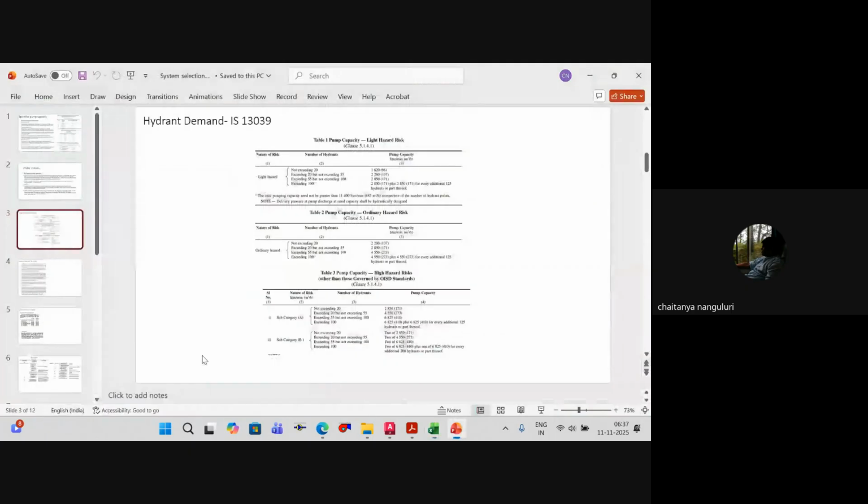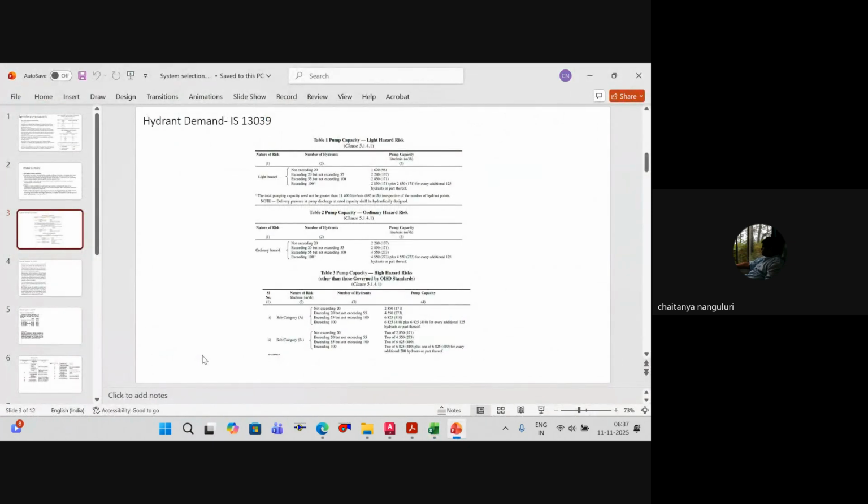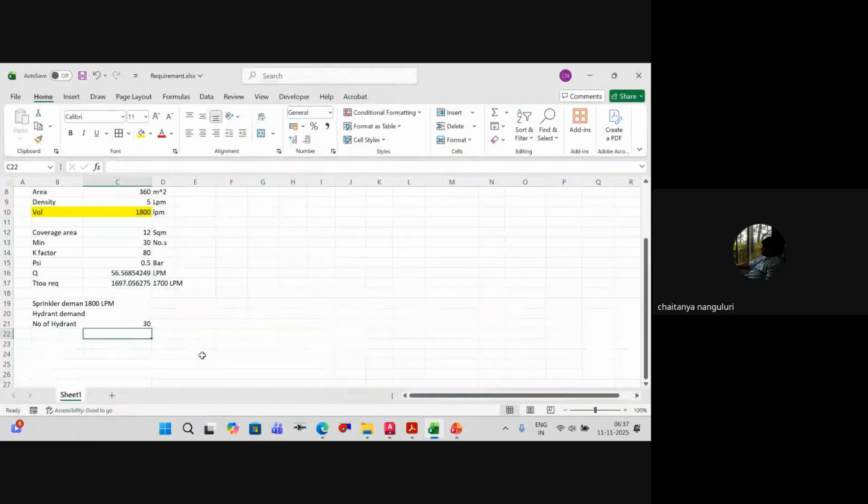And what is your other value you got? 2280 LPM is what you have to take for light hazard. Right. So your hydrant demand is 2280 LPM. Am I clear? So you have got a value of 2280 LPM.